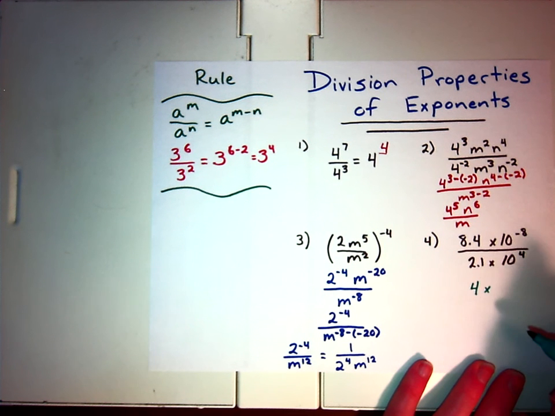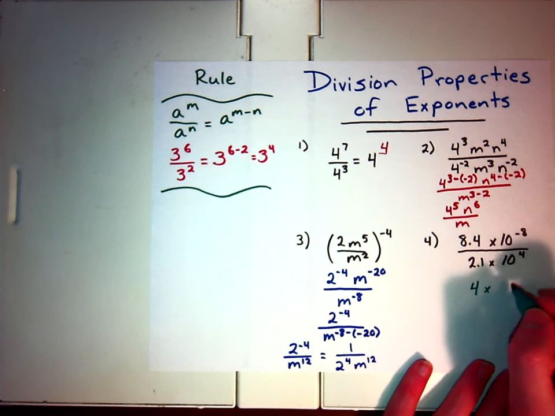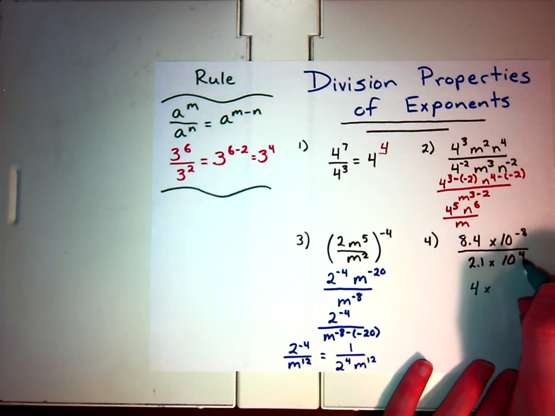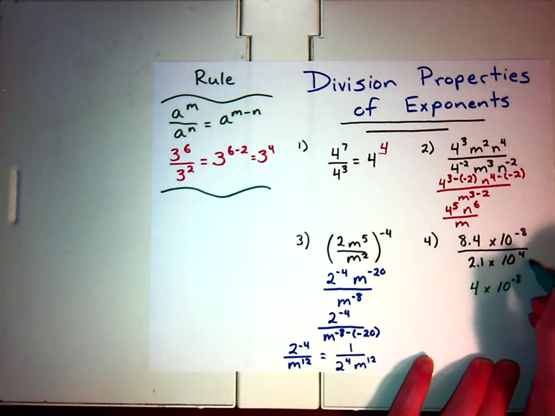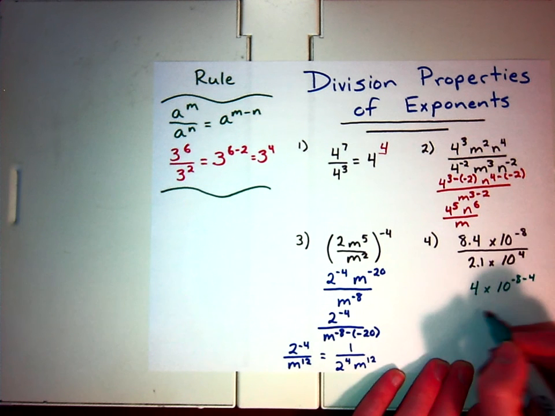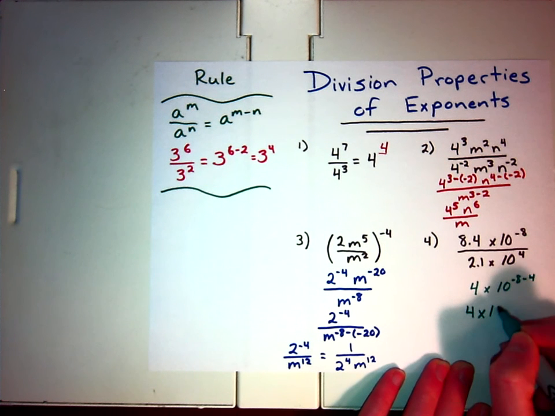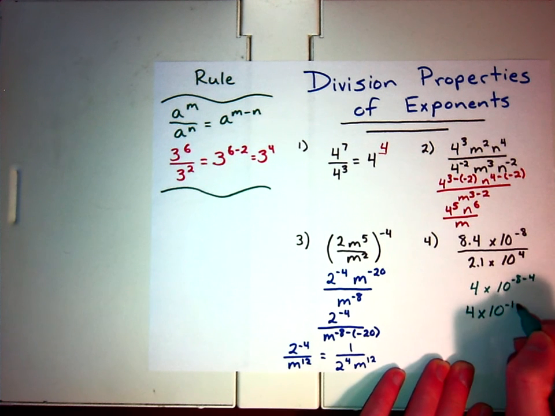Remember, with scientific notation, we don't actually want anything in the denominator. We need this to not be a fraction. So we are going to move this up. Even though this would be larger than negative 8, I need everything in my numerator. Okay? So I'm going to get 10 to the negative 8th, and the rule is, right, when I'm moving that 4 up, I need to subtract 4. And that's going to get me to 4 times 10 to the negative 12.